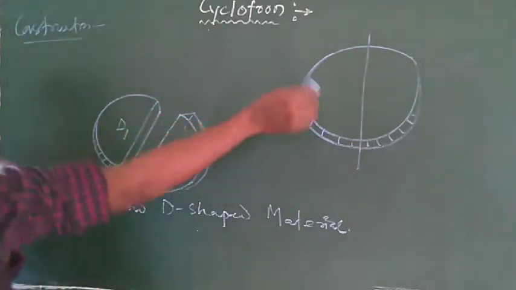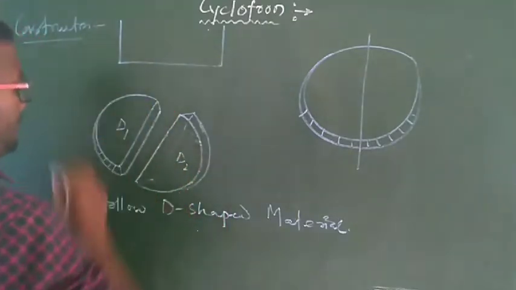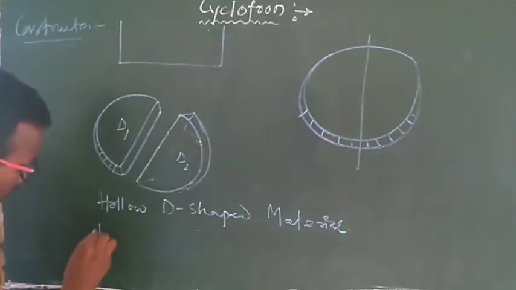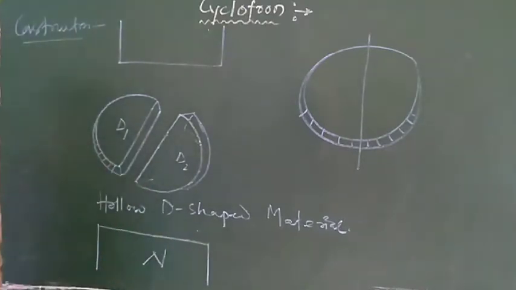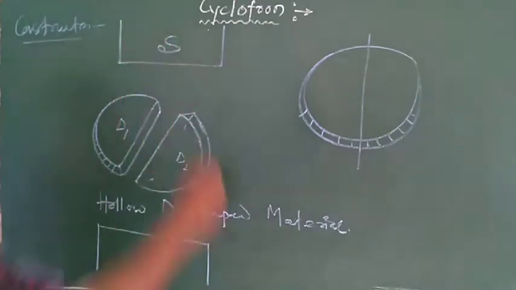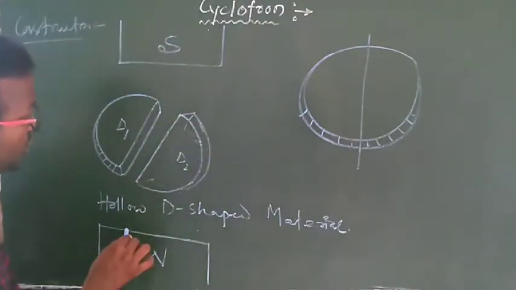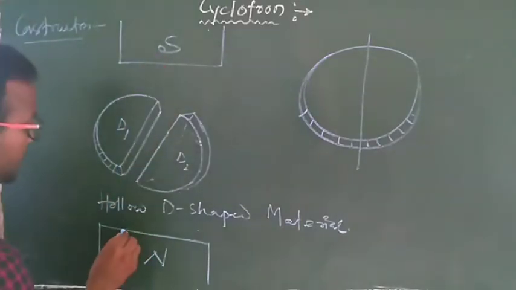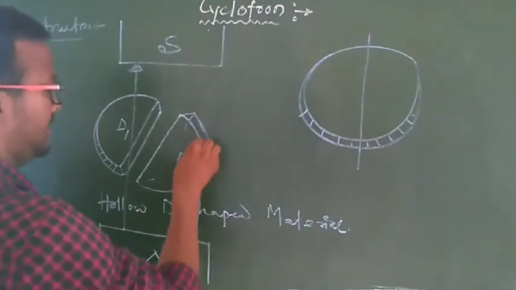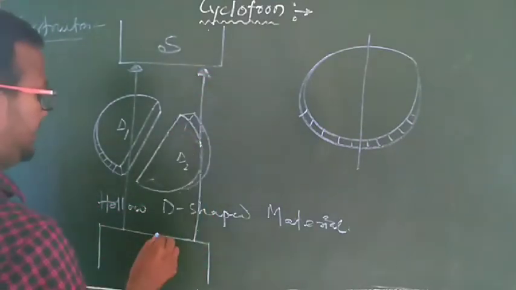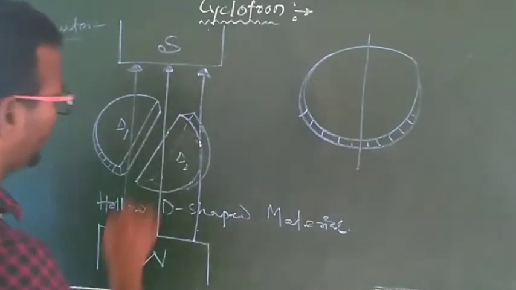Again, we need a magnetic field. So suppose we have two poles, a north pole and another pole, a south pole. We know the magnetic field lines always start at the north pole and terminate at the south pole. This is the direction of the magnetic field. Clear? And this magnetic field is very strong. Clear? Okay.